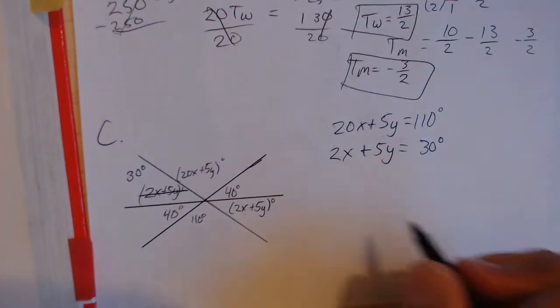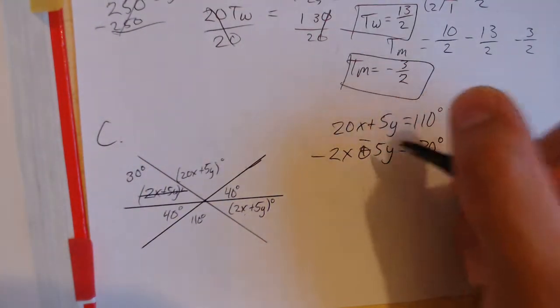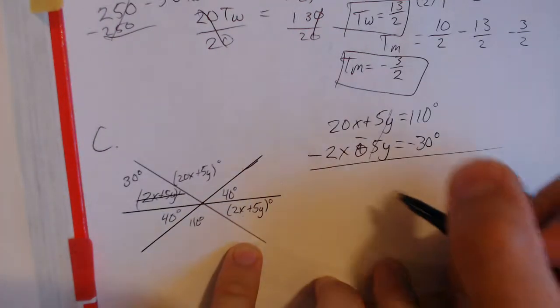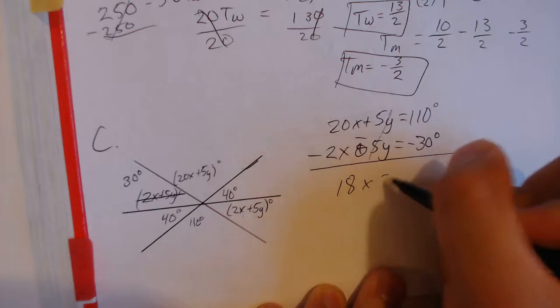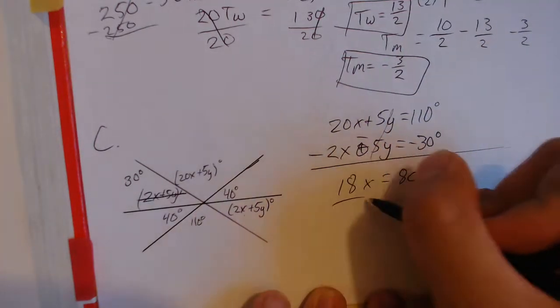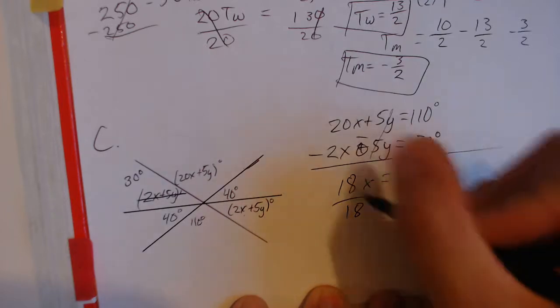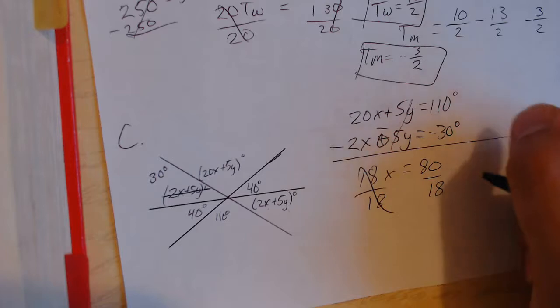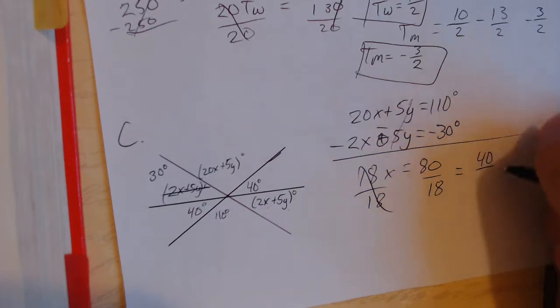From here, we could eliminate if we change all of these signs. The 5y's would cancel. Then we get 18x equals 80. Divide by 18. And that reduces to 40 over 9.